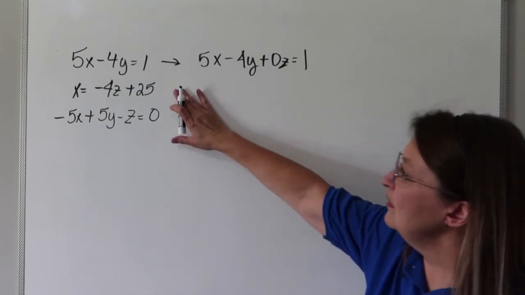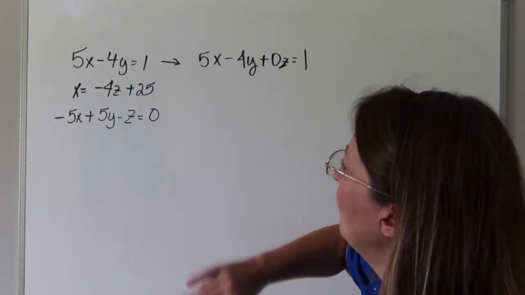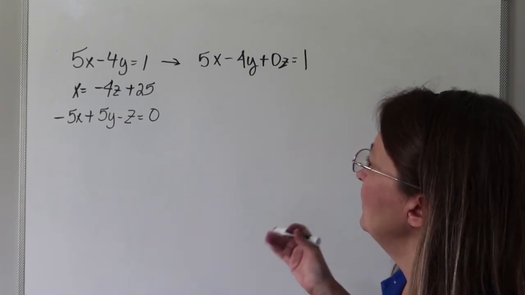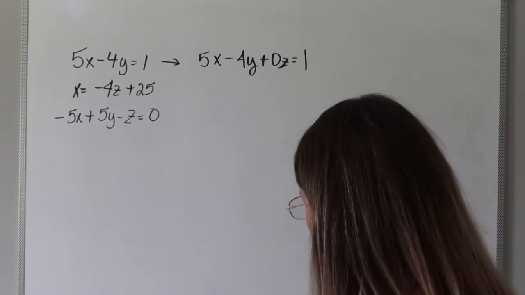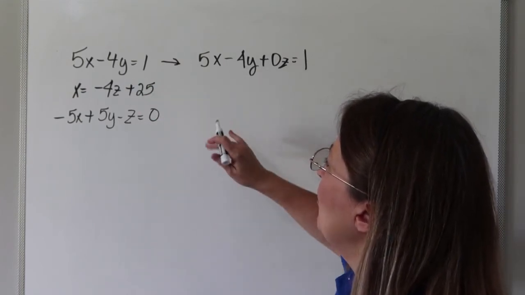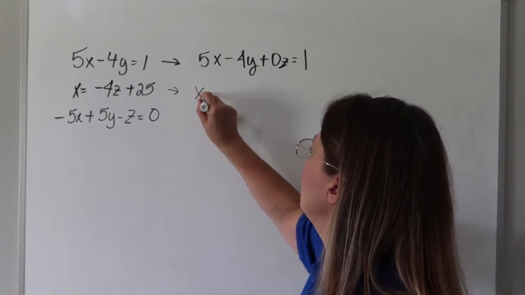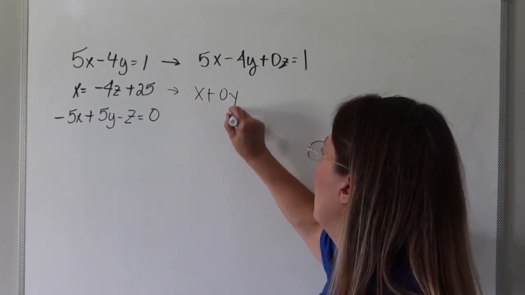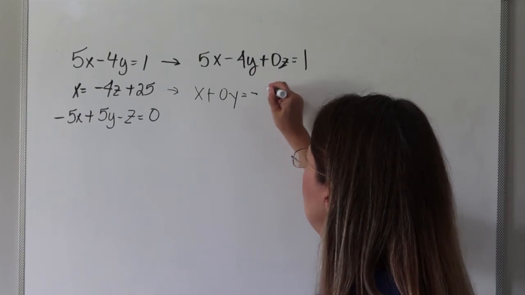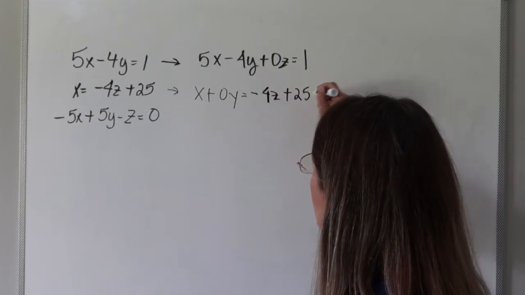Now, let's look at this one. It is not in standard form, and it does not have a y term, so it's going to need a little bit of work. The first thing I'm going to do is put my y term in there. And we're going to do it the same way we did here. I can put x plus 0y equals this negative 4z plus 25.